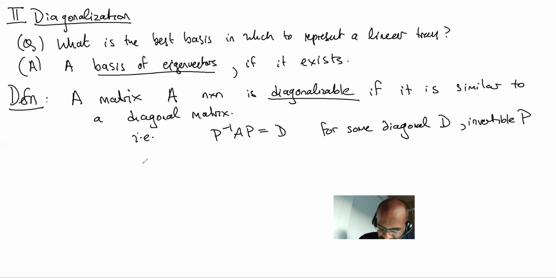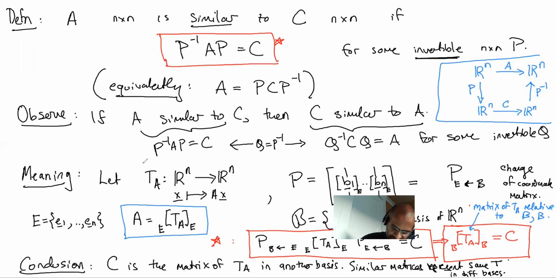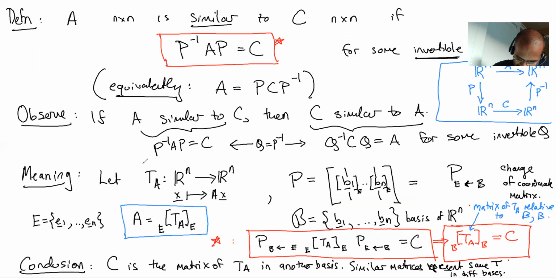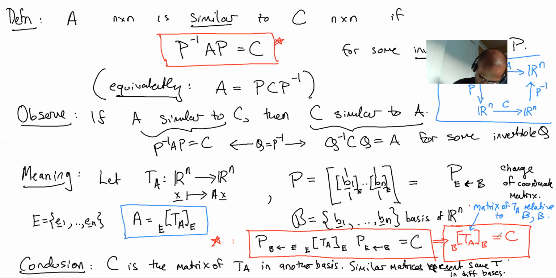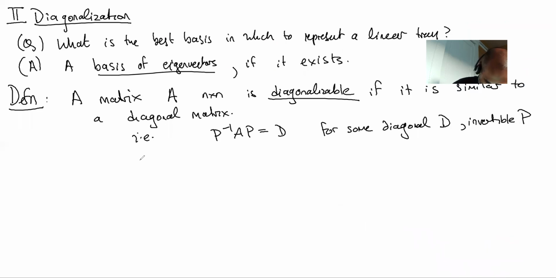We thought about what the interpretation of similarity is here, right? A is similar to C if C is the matrix of the multiplication by A in some other basis. So it's equivalent to saying that the matrix of the linear transformation, multiplication by A, in some basis is diagonal.